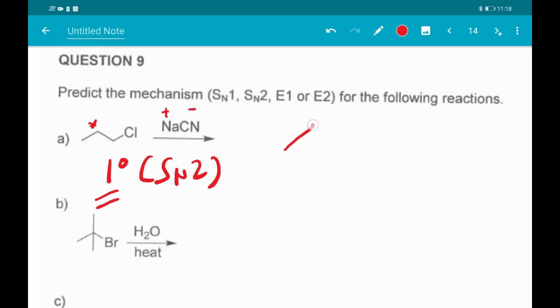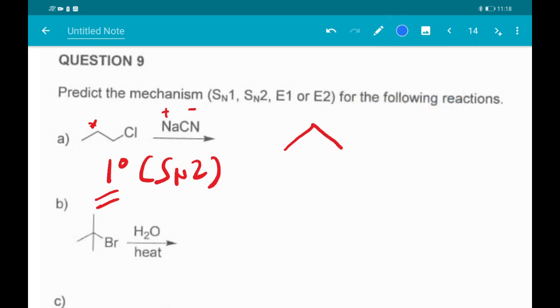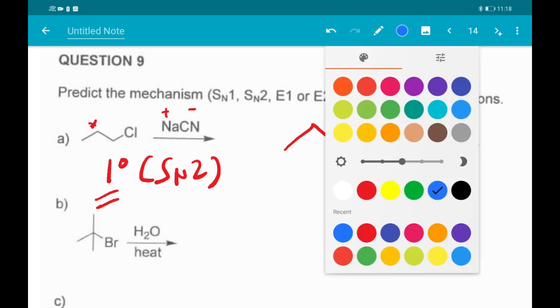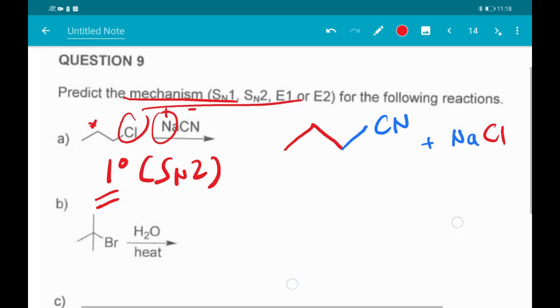Therefore, what's going to happen is the Cl will be replaced with CN, and the side product will be NaCl. This is a combination of the Na with the Cl just now. The important thing is you have determined the mechanism, because this is what is requested by the question.